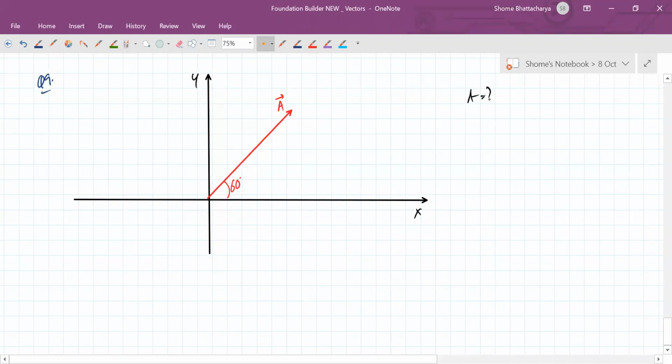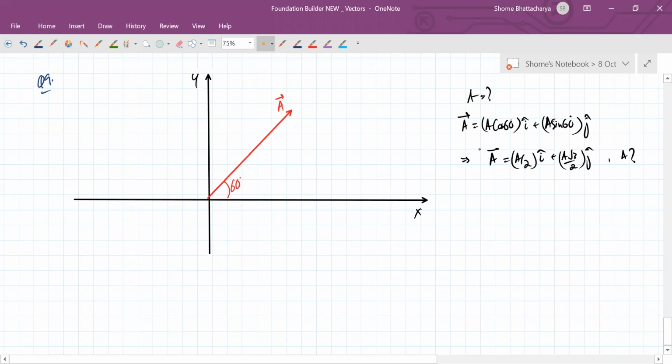So magnitude of A is not known, but component wise you can see it is okay. So the vector A can be written as A by 2 i cap plus A root 3 by 2 j cap, where A is an unknown quantity. So this is our first equation.